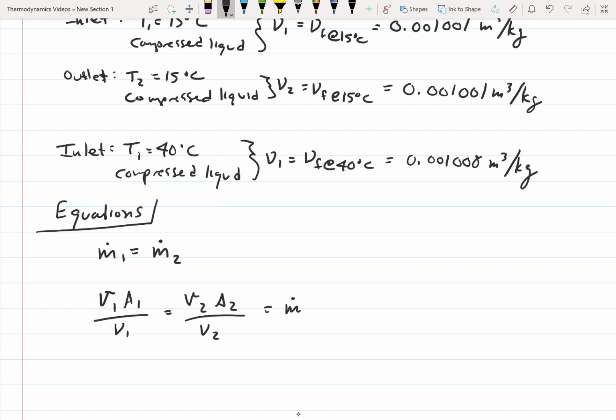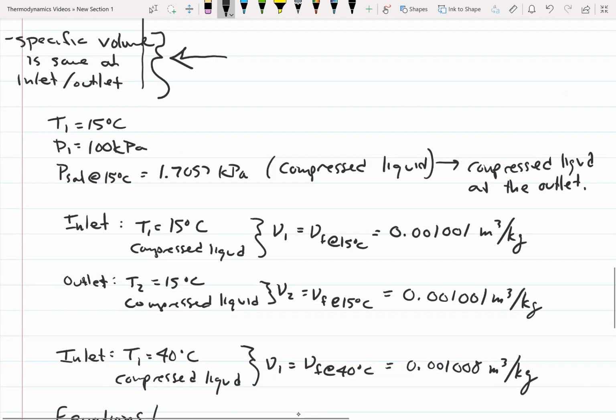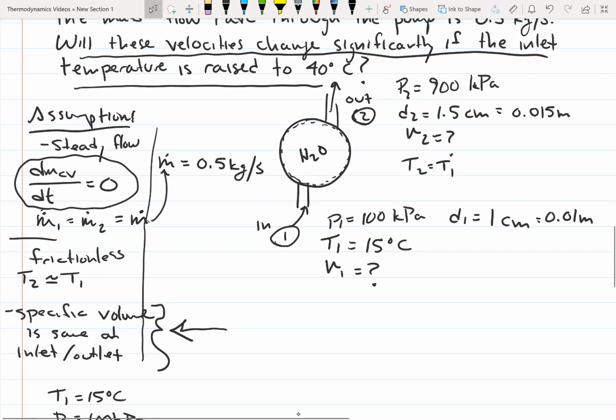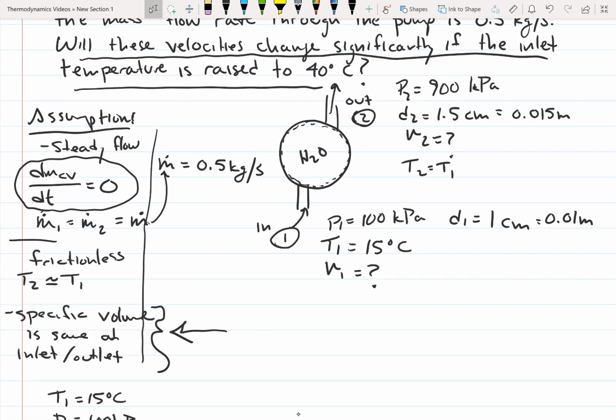So now let's look at what we need and what we have. What we're calculating are the velocities. For our inlet, we know the pressure, the temperature, and the diameter, so we can calculate the area from the diameter. At state 2, we know the pressure, temperature, diameter, and the mass flow rate.